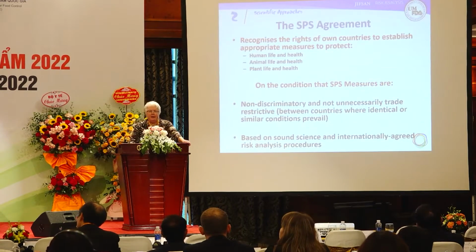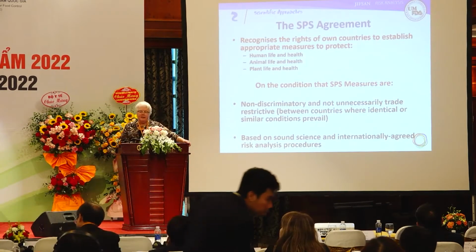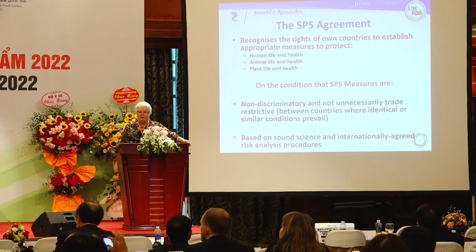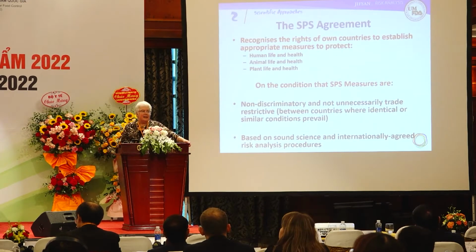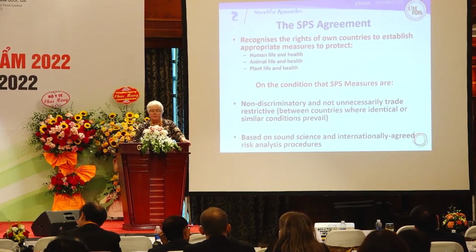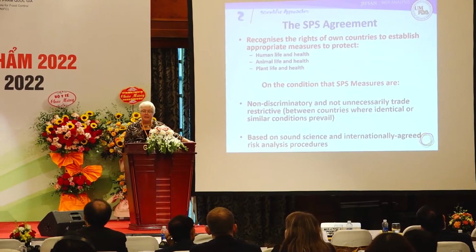Now, the reason the SPS agreement is important is that it recognized that countries had the right to have their own measures to protect animal health, plant health, or human health on the condition the SPS measures were non-discriminatory and not unnecessarily trade restrictive between countries with similar conditions of risk. And they had to be based on the use of sound science and internationally agreed upon risk analysis procedures. So that's where we see this move globally to using more science-based approaches.